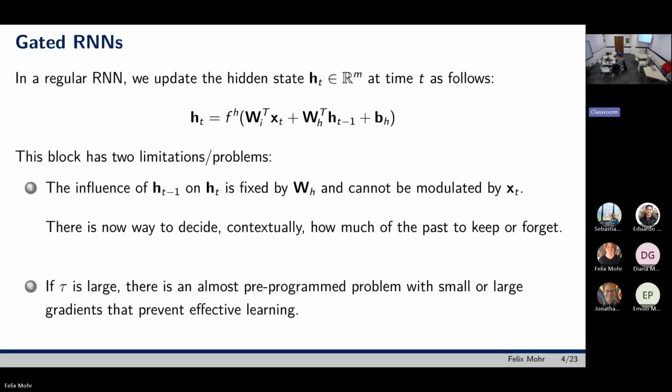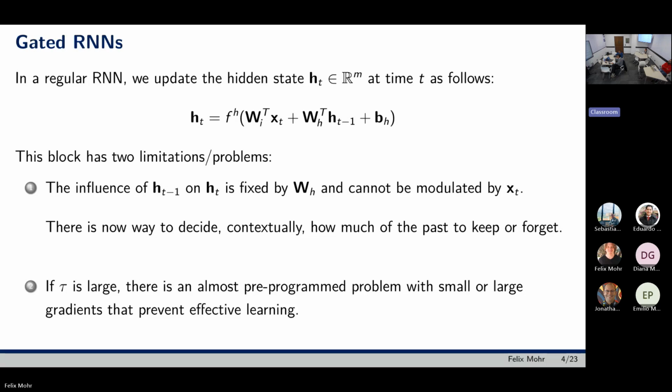Because if not, then we cannot decide which parts of this to keep or to forget or modify, other than a plain addition here. Considering x_t in the update only in this additive way could be a bit too weak.